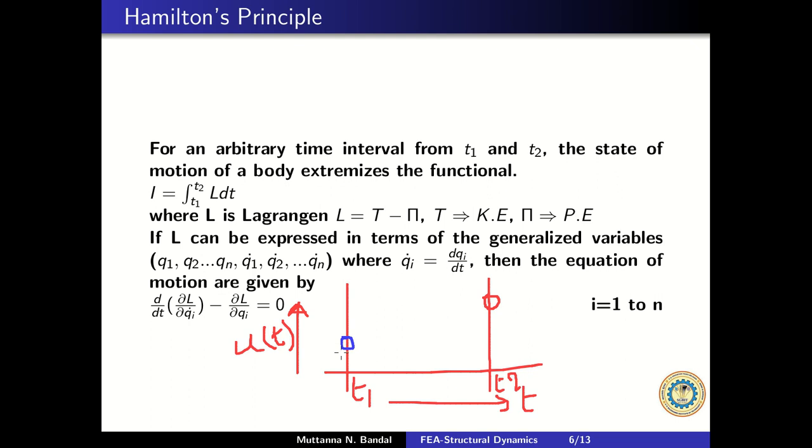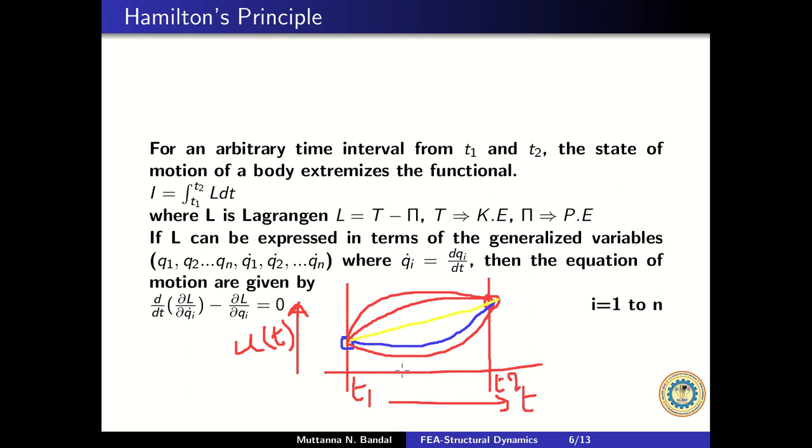Now the movement of the mass from t1 to t2 can occur along different paths: it may travel in this way, or this way, or this way, or it may travel in a straight path.